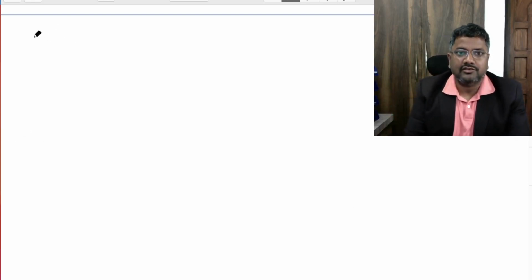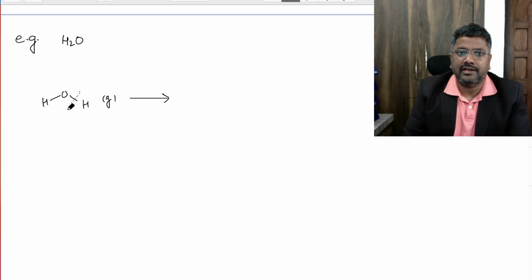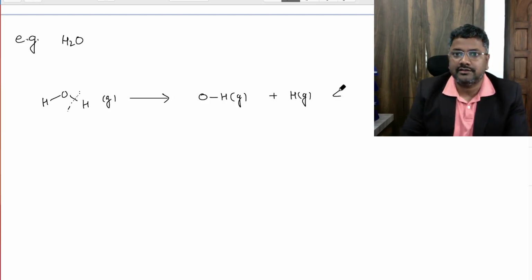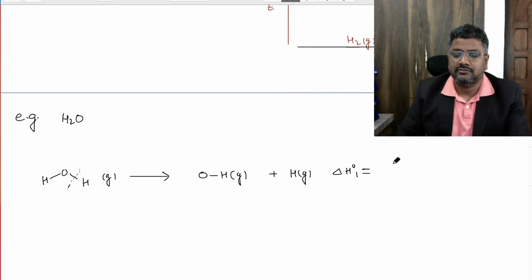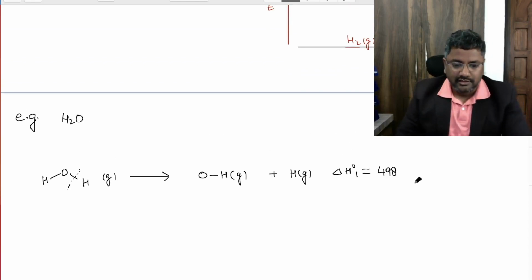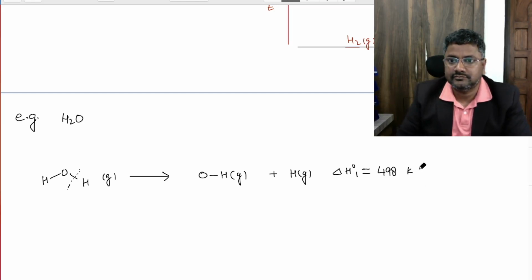In the case of a polyatomic molecule, for example, water. Gaseous H2O, in the first step, one bond will cleave and you will get OH gaseous plus H gaseous, and delta H naught 1 is equal to 498 kilojoules per mole.